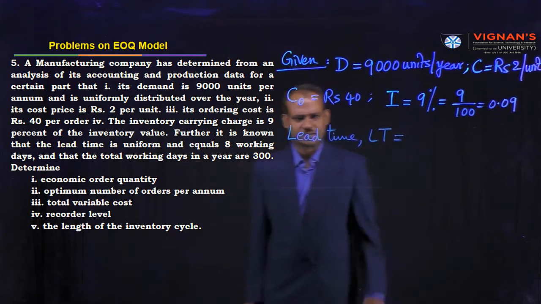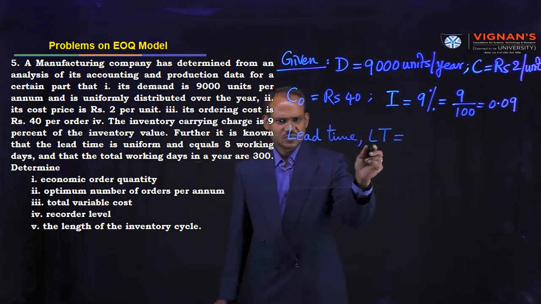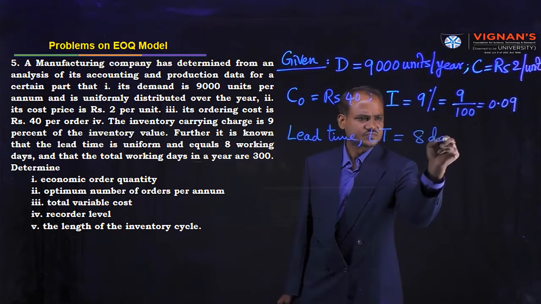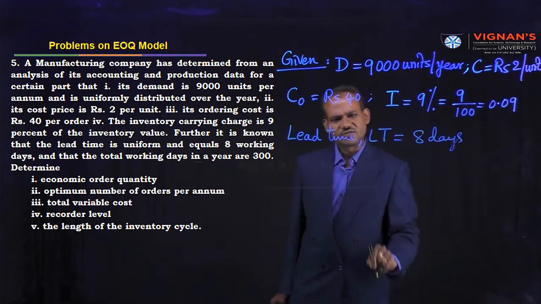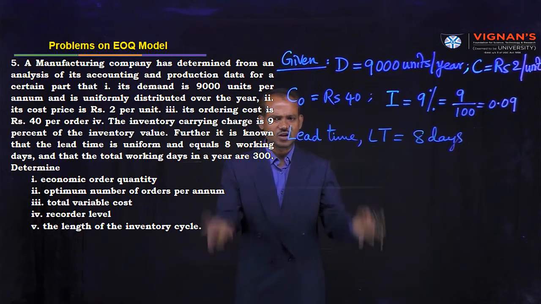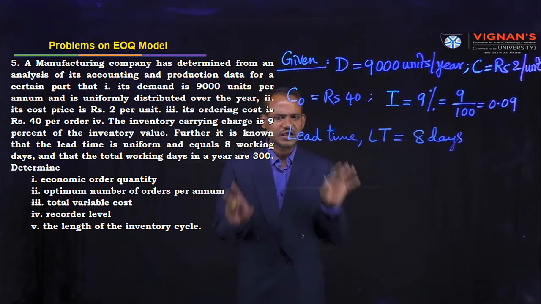LT means lead time. How much lead time? 8 working days. What is the meaning of lead time? Lead time is the time gap between placing of an order and receiving of an order. This gap is known as lead time.